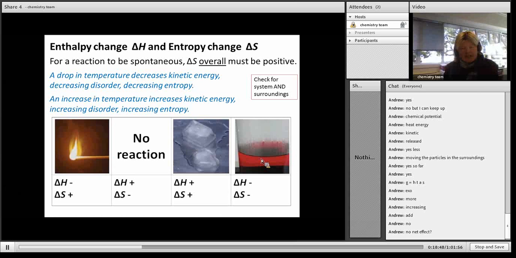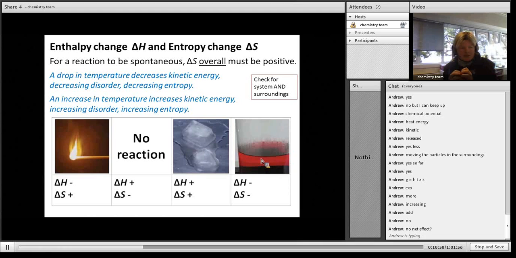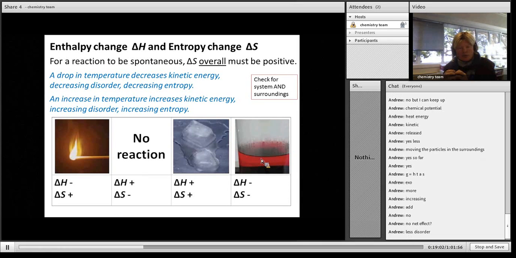Well, I'm getting less disorder, because my water vapor molecules are moving around, they've got lots of entropy, and now they're suddenly coming together. So there's a bit more order than before. So my entropy change is negative, because there's less disorder now.